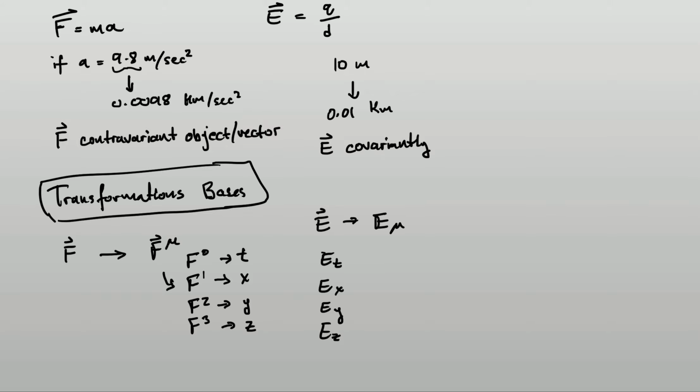And these are usually almost always replaced with numbers, just like I did here. So this would actually be E0, E1, E2, and E3.